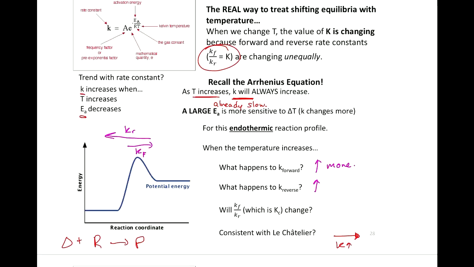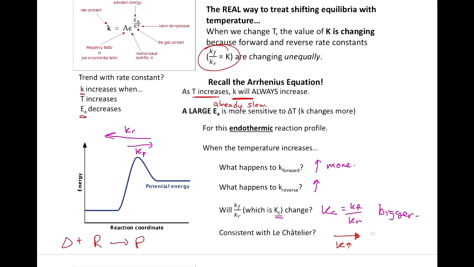So what does that mean? How does the value of Kc change? Remember, Kc is equal to Kf over Kr. So Kf increases, Kr increases, but Kf increases more. So how does the value of K change? It gets bigger, right?